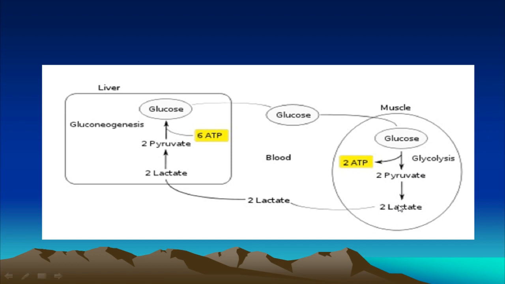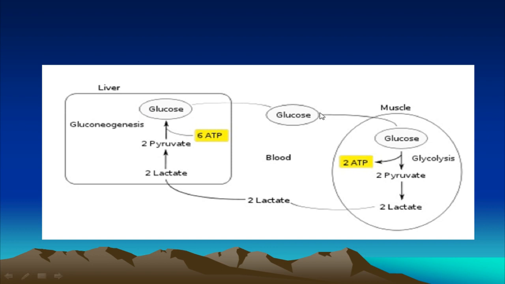And also at the lactate level here, if it builds up too much, it spills out into the blood, that's where we get our lactate threshold. Then this can be cycled back into the liver and turned back into glucose, basically just reversing the process. It does cost energy to do that, but it's typically aerobic, and that can be cycled through again.